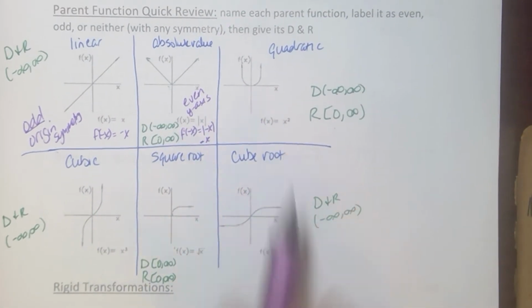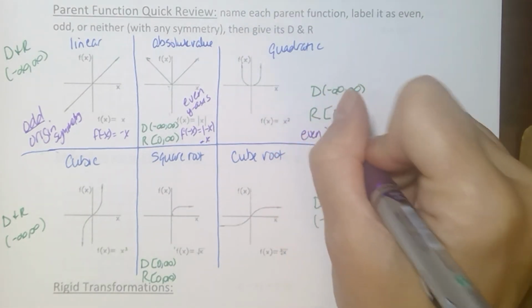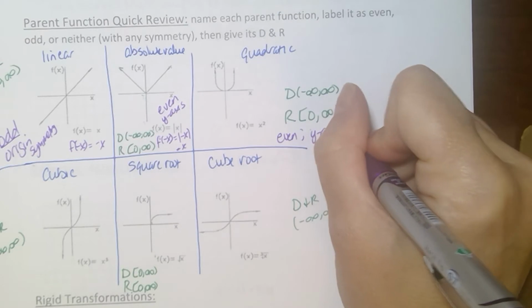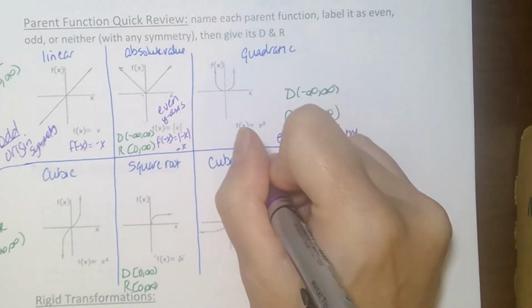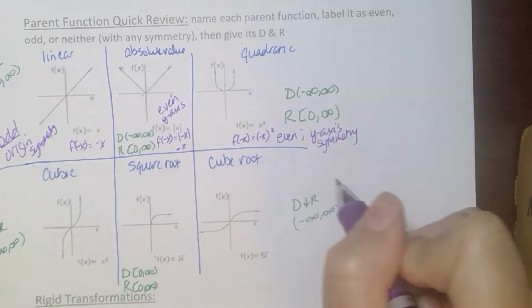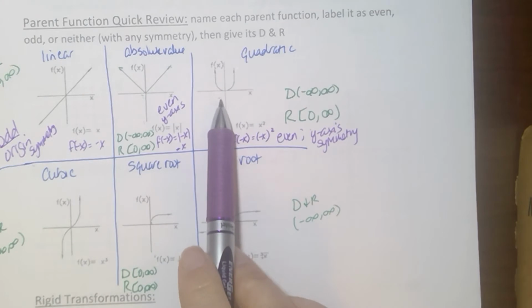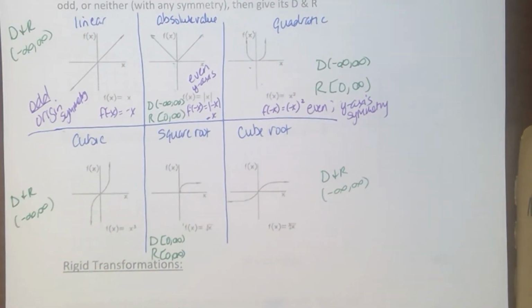Quadratic function we discussed as an even function. It is also symmetric about the y-axis. It has y-axis symmetry. Because when I plug in my negative x, nothing changes. A negative x squared is just x squared. If I fold my graph on that y-axis, both sides match up.